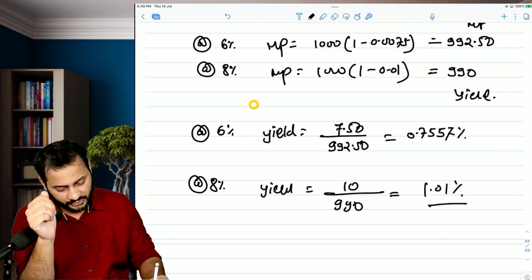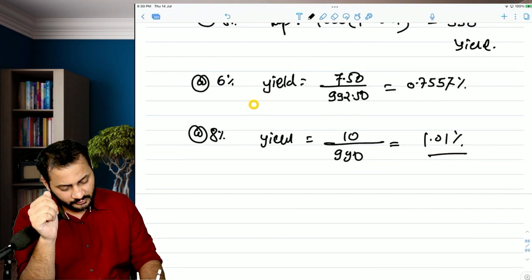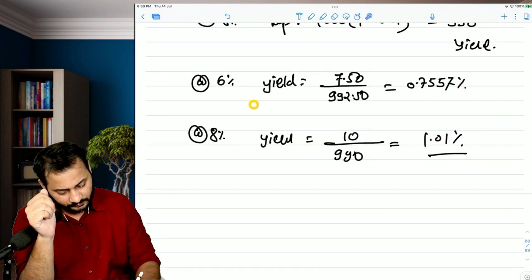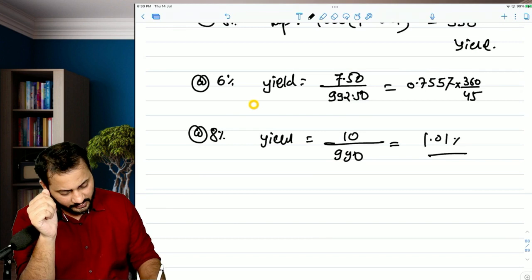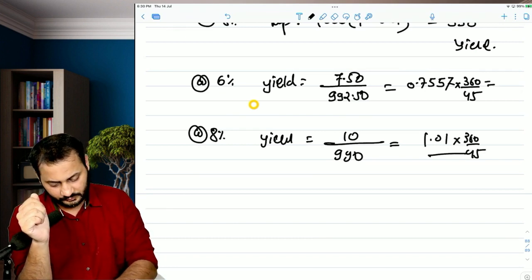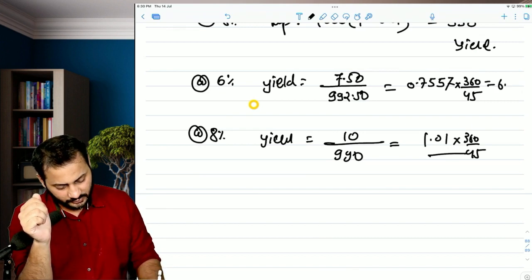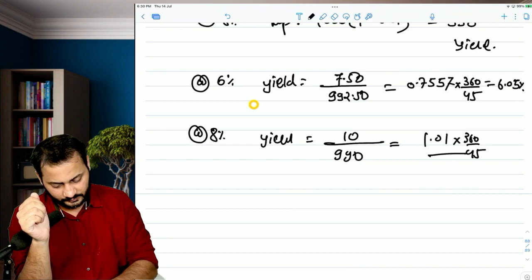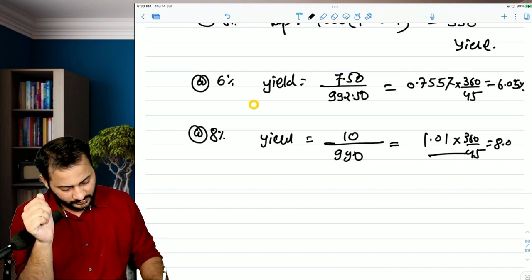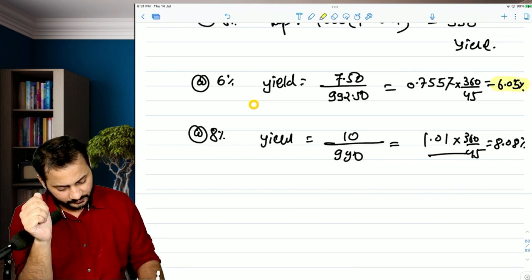So what we should do is multiply by 360 divided by 45. That gives 6.05% and 8.08%.